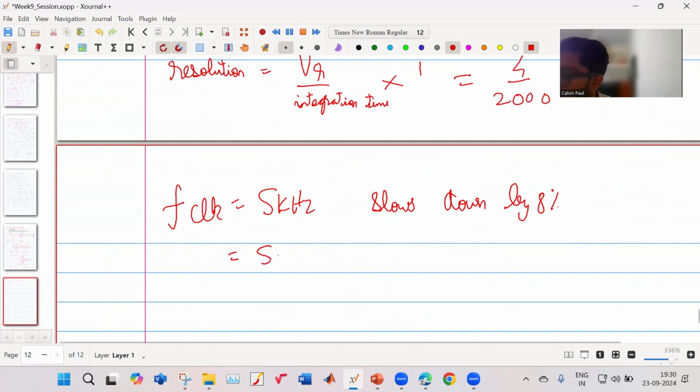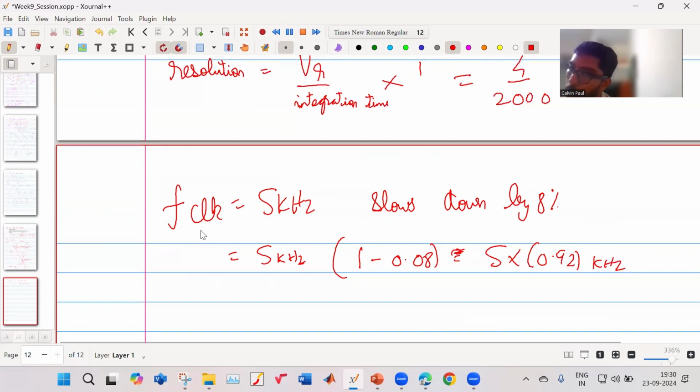So that was 5 kilohertz into 1 minus 0.08. So actually it becomes 5 into 0.92 kilohertz. So your F clock has reduced.